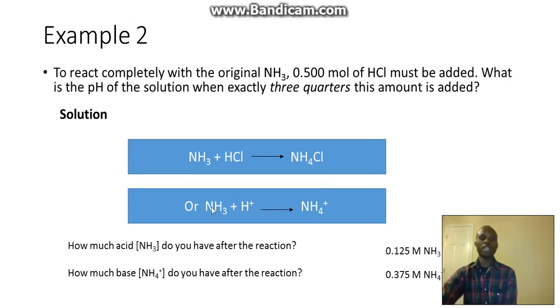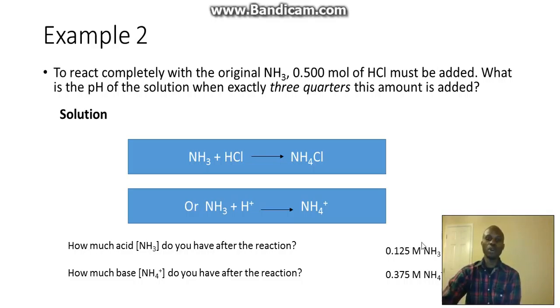So what is remaining here out of 0.5 molar is 0.125 molar. So if we had the whole 0.5 molar reacting, we would remain with 0 here. So we are remaining with 0.125 of NH3, and also we have 0.375 of NH4.